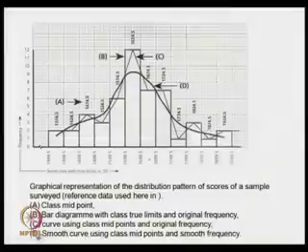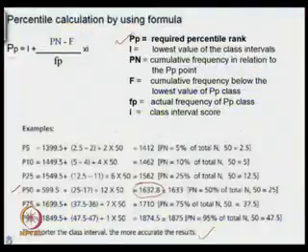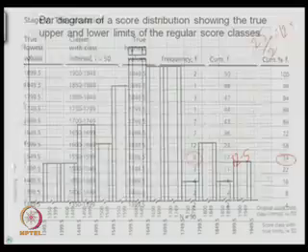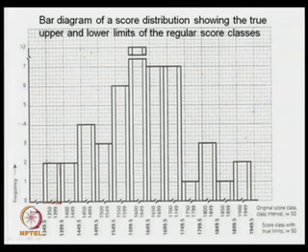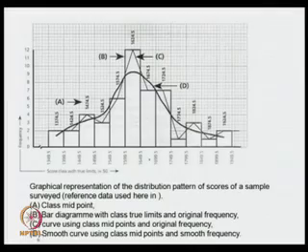Now, in this case the graphical representation, earlier we have seen this bar diagram. Now, if we join the center points, then we will get the curvature like this. So, in the graphical presentation of this distribution pattern of scores of a sample survey, A is the class midpoint.